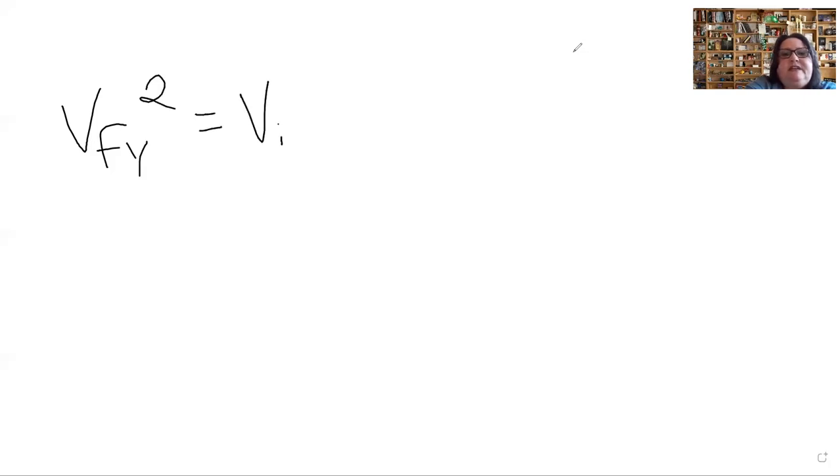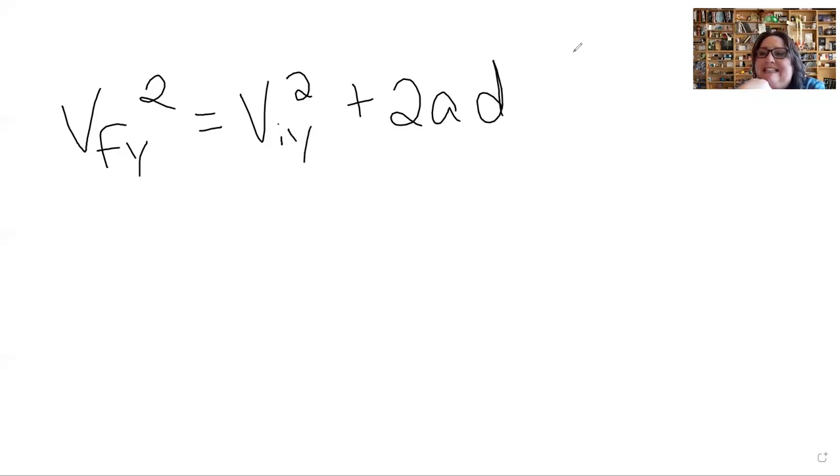Since we do not have time yet, we are going to be using, and this is y, vf squared equals vi squared plus 2ad. We're going to use all of the information that we have on the y-axis.